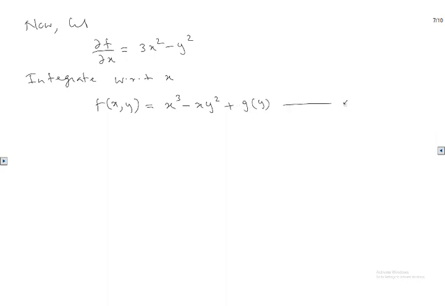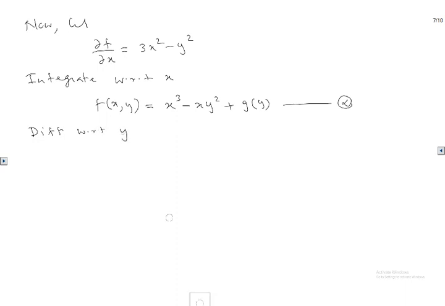Okay, so I'm going to call this alpha. Now what we do, we define the g(y). You take the derivative with respect to the other variable. So differentiate with respect to the y variable.